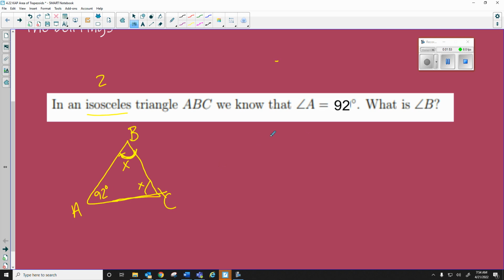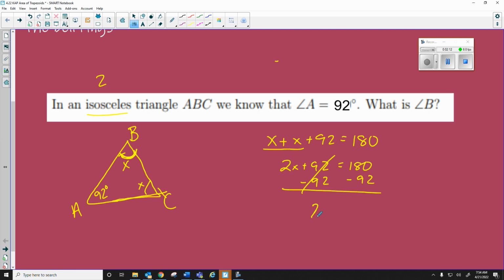So the equation I'm looking at is X plus X plus 92. Those three angles together will give me 180. We know that this is the same thing as 2X plus 92, and it stays equal to 180. Then let's solve. I'm going to subtract 92 from both sides. 2X is left, bring down that equal sign, and the math gives me 88.